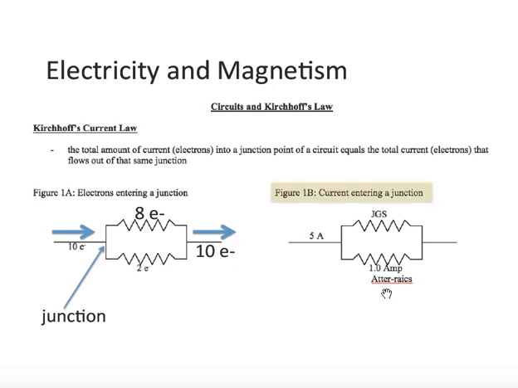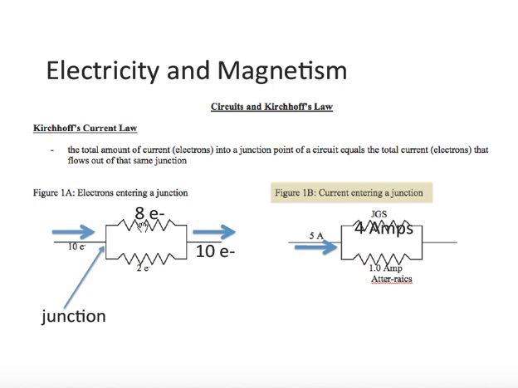The same goes with current, because current is just a measure of electron flow over time. So again, we have 5 amperes. For the sake of argument, we'll say traveling east. And if 1 ampere flows in this load called atarax, then 4 amps have to flow in this load called JGS.